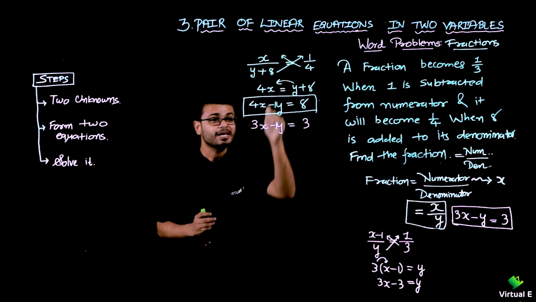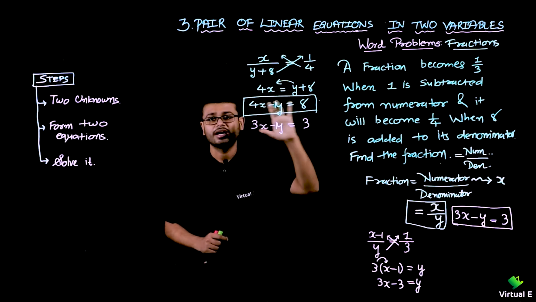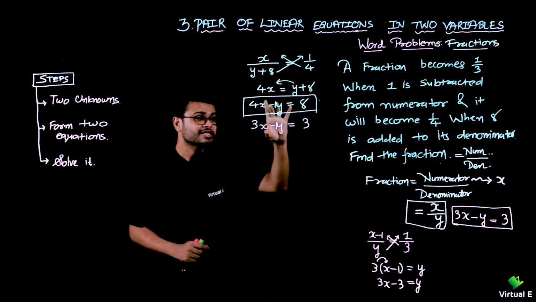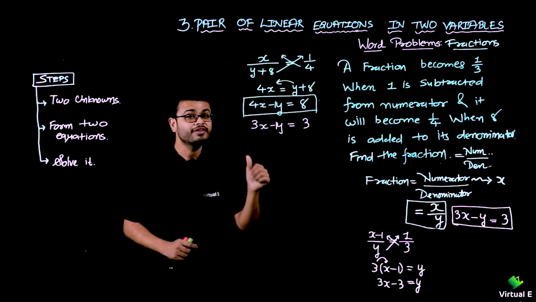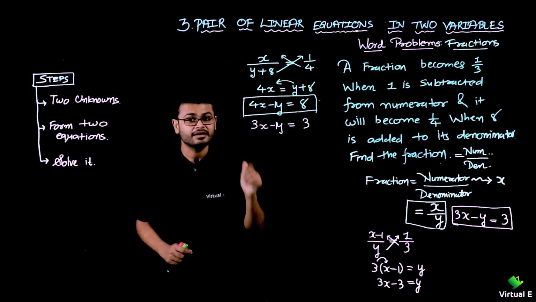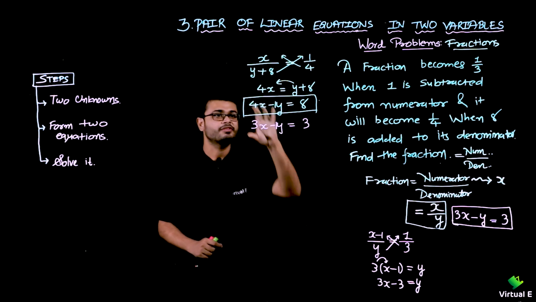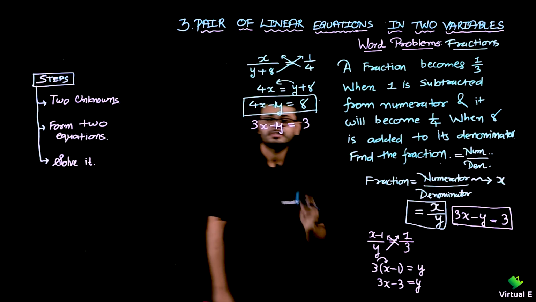So see, same coefficient, right? So I am going to eliminate y. Again, there is one more step: same sign or opposite sign. Think about it. If it is the same sign, what we did in the elimination method, we subtracted, right? So we are going to subtract these equations and we are going to get the answer.